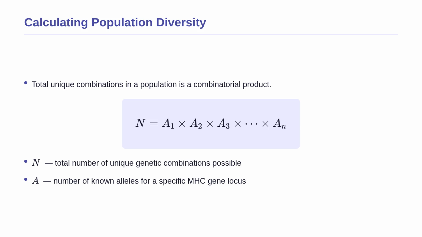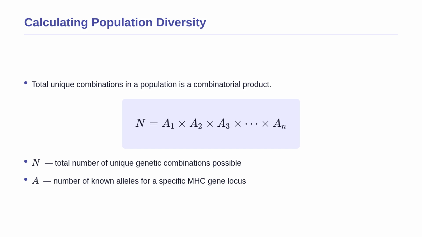To truly grasp this diversity, we can represent it mathematically. The total number of possible unique MHC combinations in a population is found using a simple combinatorial multiplication formula. N equals A1 times A2 times A3, and so on.